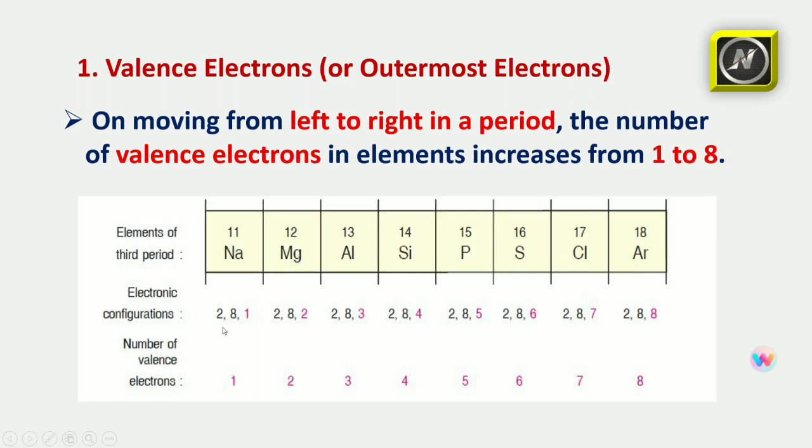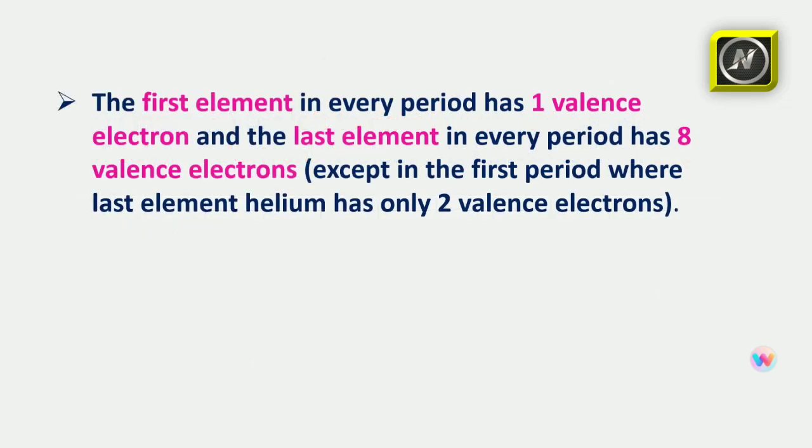In their electronic configurations, the number of valence electrons increases from 1 to 8 when we are moving from left to right. Clear? This is how valence electrons change in periods.